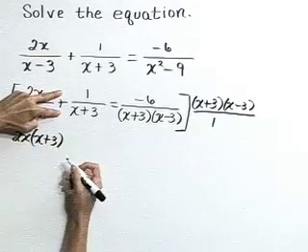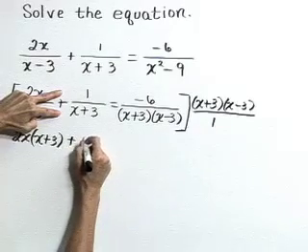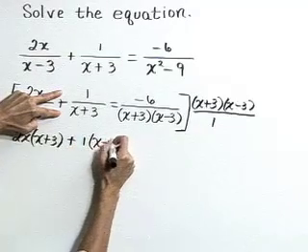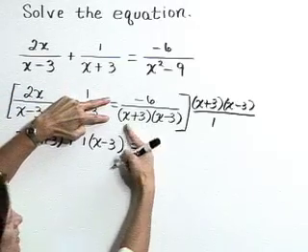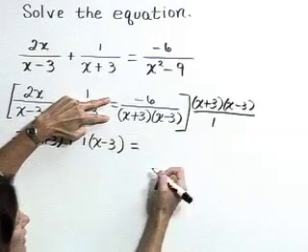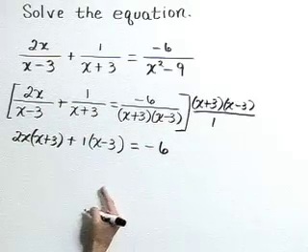As we multiply times our next term, the x plus 3's cancel, giving us plus 1 times x minus 3. And on the right-hand side, both of these terms cancel, leaving us with negative 6. We've gotten rid of the fractions.